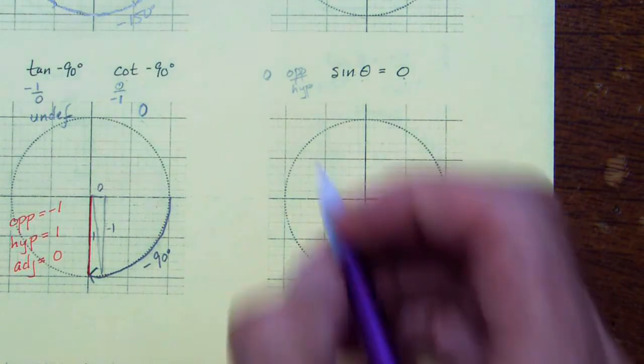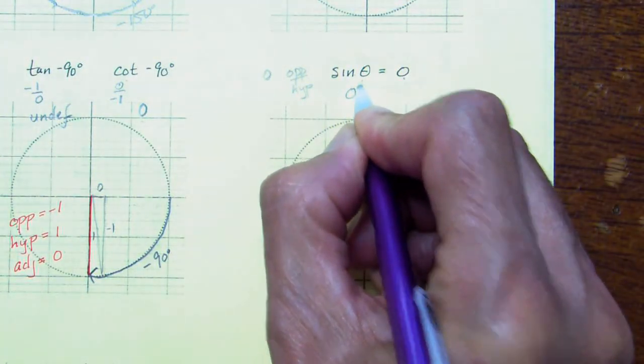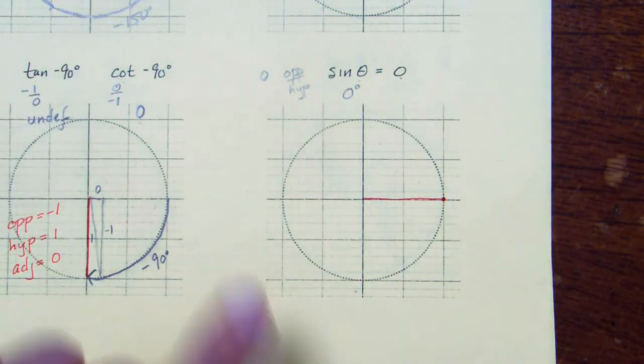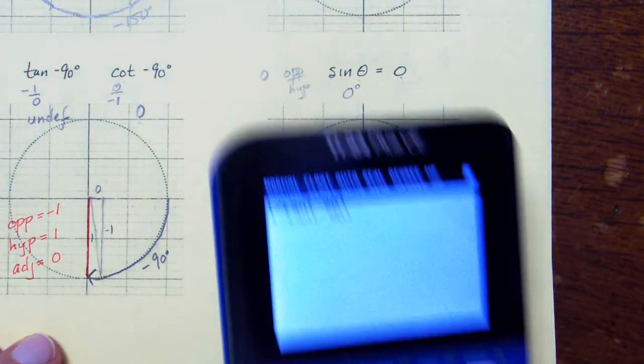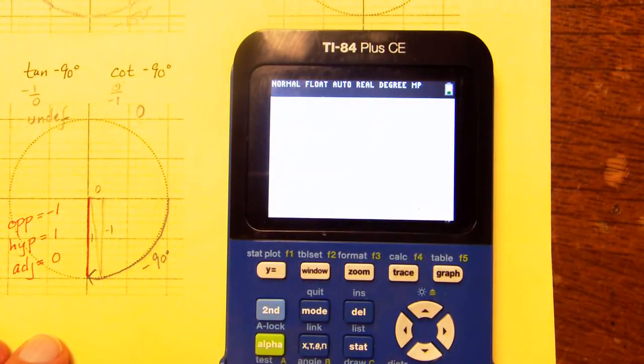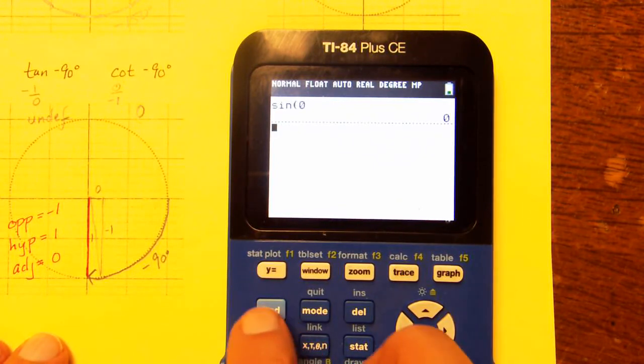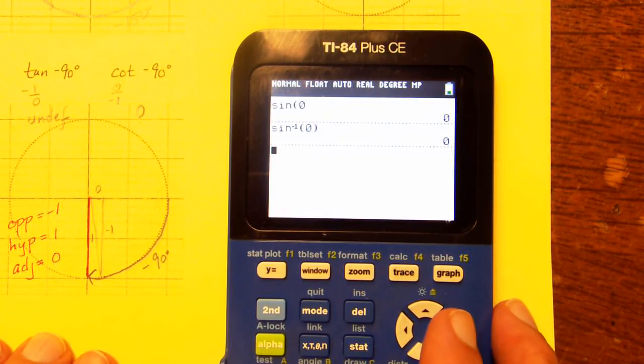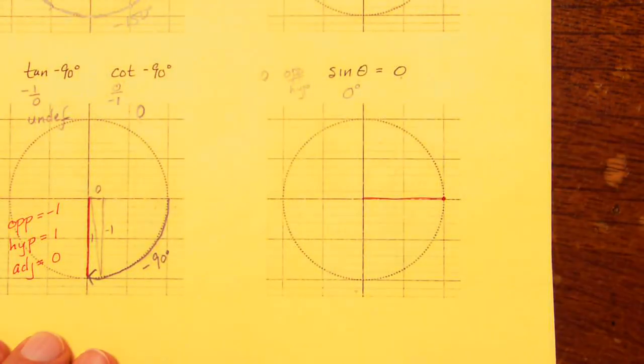So I think 0 degrees will work in this problem. At 0 degrees, I believe the sine ratio is 0. So I'm going to go ahead and check that. So sine of 0 degrees, yes, is 0. Or you can do it the other way and say, well, what's the inverse sine of 0 would equal 0 degrees. So I'm pretty happy with that first answer.